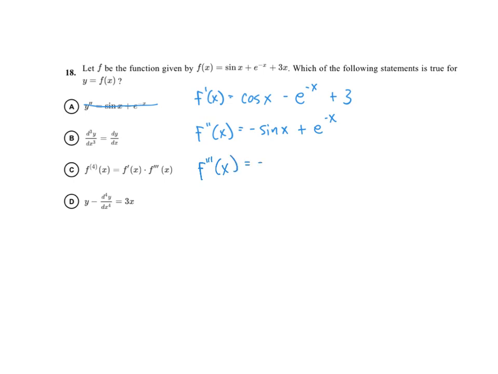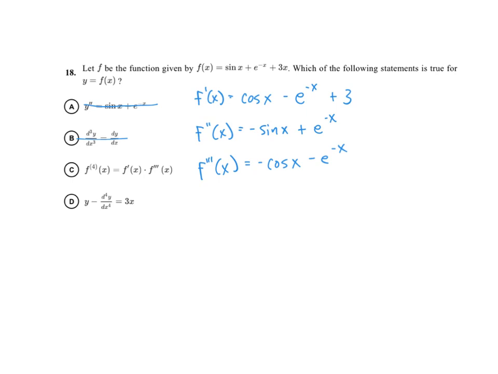The derivative of negative sine is negative cosine. And then we know this is e to the negative x. For B, they're asking whether the third derivative equals the first derivative. Here's the third derivative. It definitely doesn't equal the first derivative. So we can eliminate that.